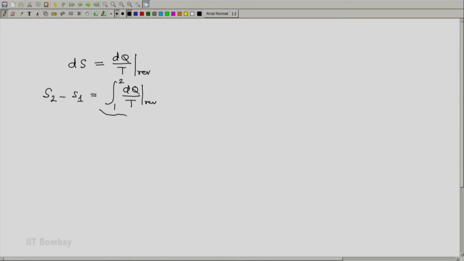And we should note that dq by T for a reversible process element is an exact differential. So this integral will be independent of the path. So this is for any reversible process. And what we do is execute a reversible process.